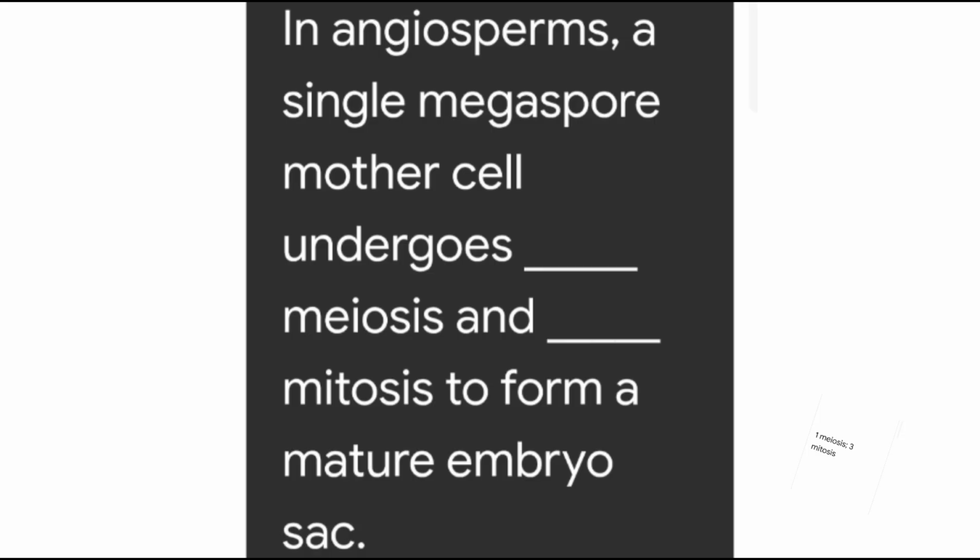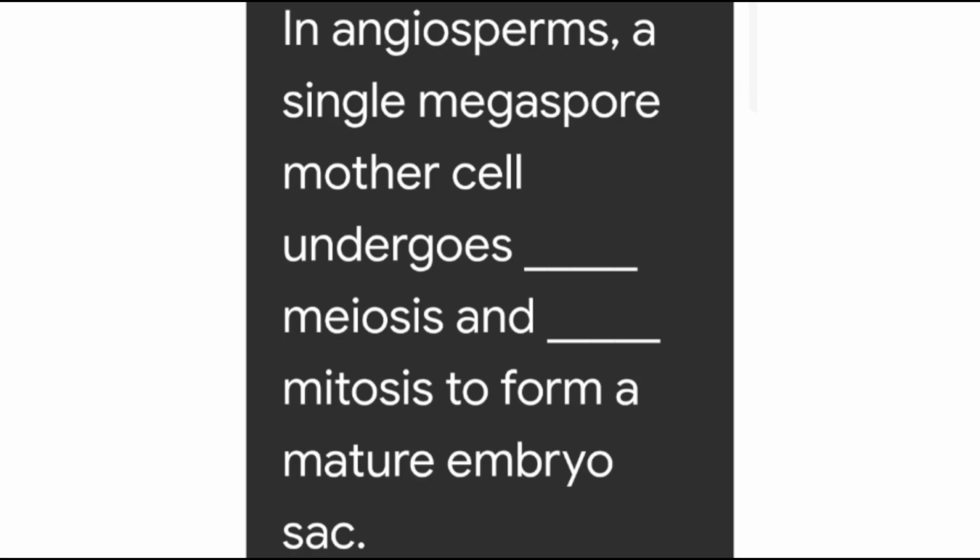So we have to tell about an angiosperm. Here the answer for this is 1 meiosis and 3 mitosis. The angiosperm's single megaspore mother cell undergoes 1 meiosis and 3 mitosis.